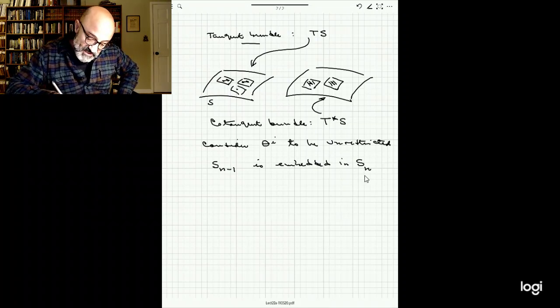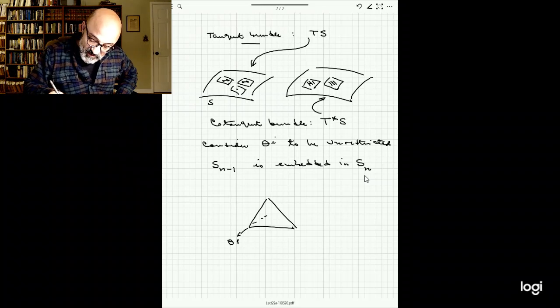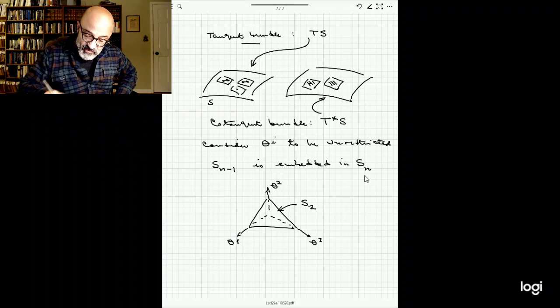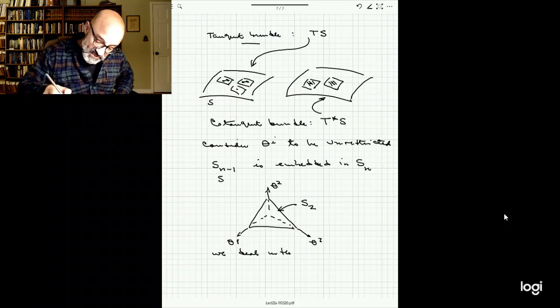So basically, in the case of the two simplex, instead of dealing with the simplex S2, we're going to deal with the full three-dimensional space, and we're going to write this as S_{n-1}.